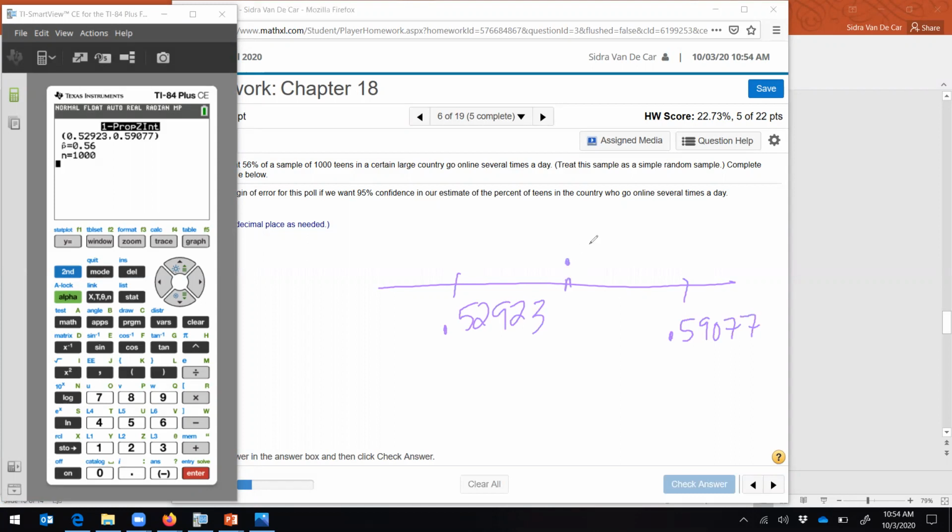The mean is in the middle, the 0.56. This is one margin of error. This is the other margin of error, that length. So all I have to do is take this and subtract 0.56, and that gives me the margin of error, right? That would be the result of that subtraction. So that would be 0.03077.